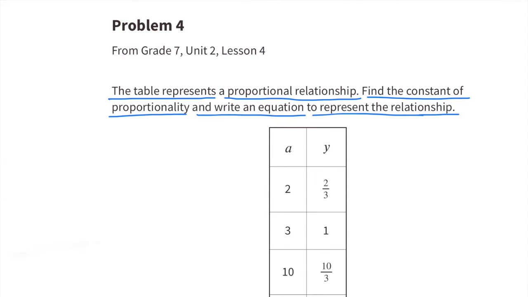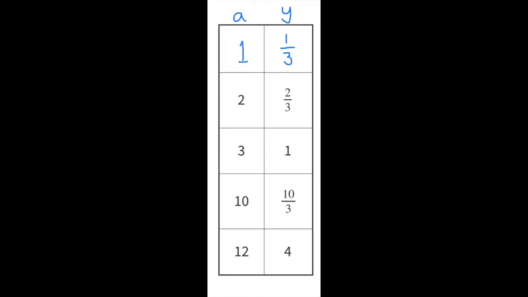Number 4. The table represents a proportional relationship. Find the constant of proportionality and write an equation to represent the relationship. When A equals 2 and Y equals 2/3, then when A equals 1, Y would equal 1/3, because 2 divided by 2 is 1, and 2/3 divided by 2 is 1/3.